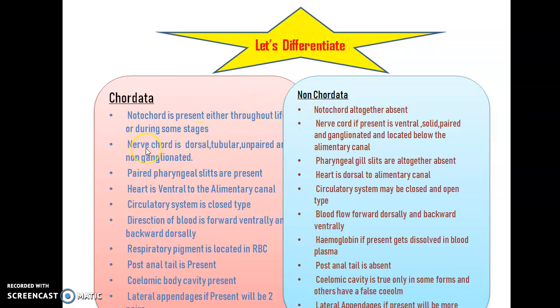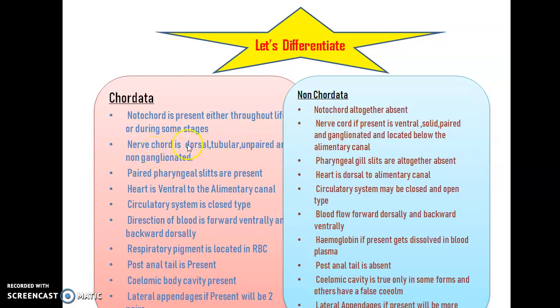Then the second feature is nerve cord. The nerve cord is dorsal, tubular, unpaired and non-ganglionated in the case of chordates, while in the case of non-chordates, the nerve cord is actually absent, but if it is present, it is positioned on the ventral side, and it is solid, paired and ganglionated, and it is located just below the alimentary canal. So this character is in quite opposite condition, right?